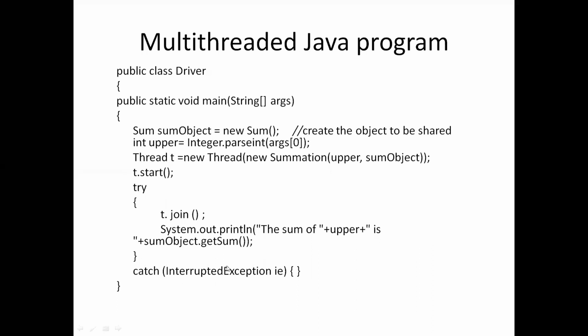If there is any exception, it will be caught by using the catch block. This is the use of try and catch. Try will try the logic here, and if there is any exception, catch will catch that exception. This is about Java thread.